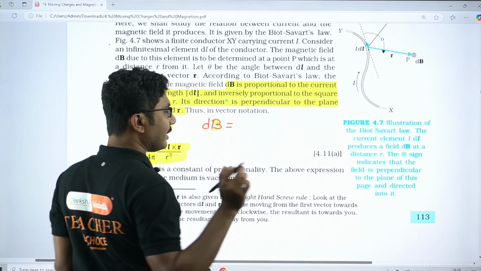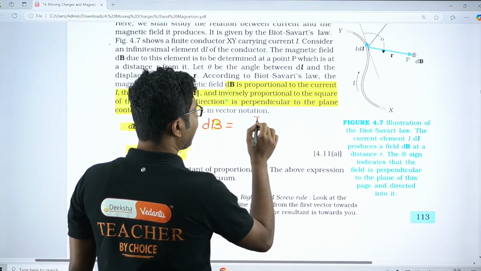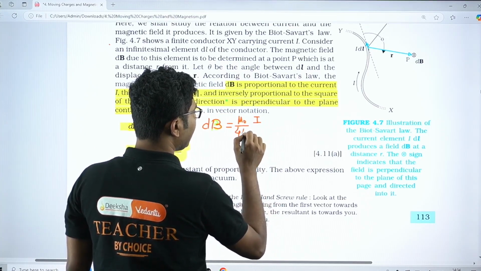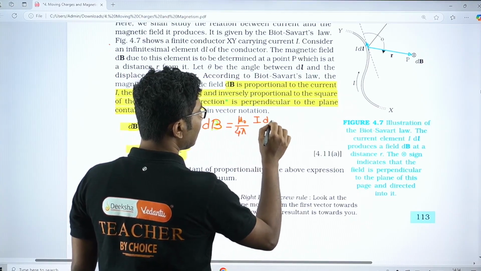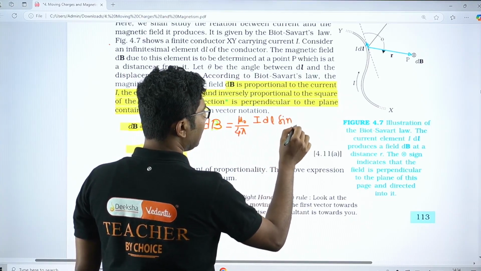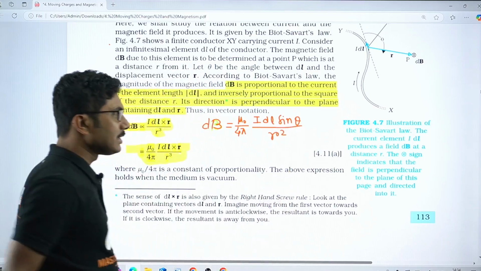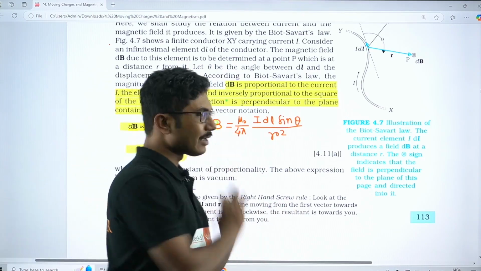Actually dB, a small element, we are calculating the magnetic field due to a small element, equals mu naught by 4 pi, this is obviously there, I dl sin theta by r square. So this is the scalar formula.